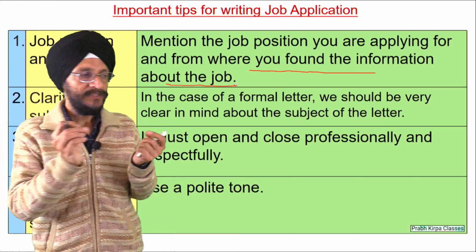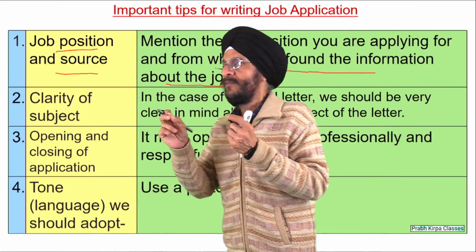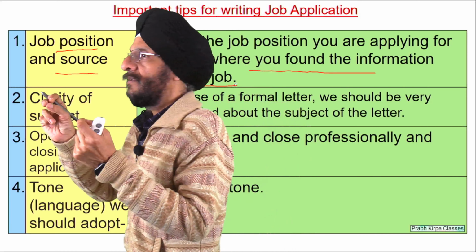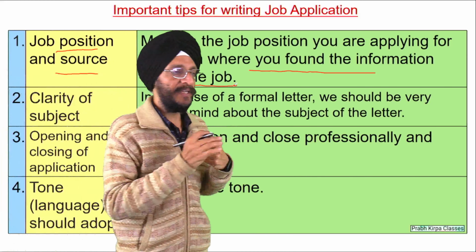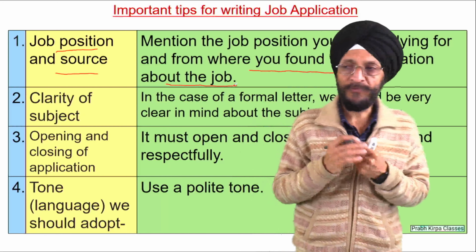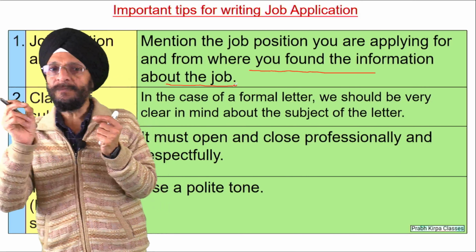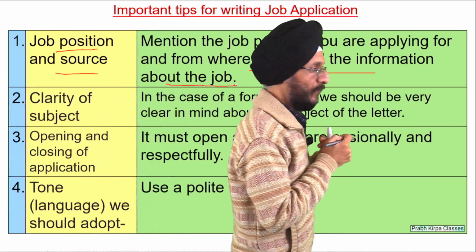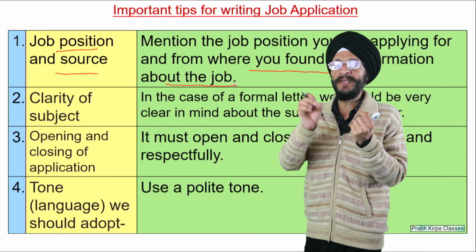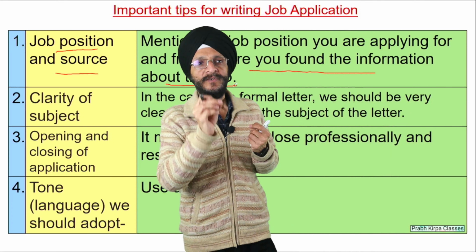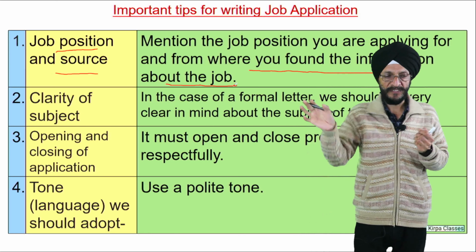For example, the job ad may say that it invites applications for the post of accounts assistant, marketing assistant, sales manager, general manager. So when you are applying for the job, you should specifically mention the name of the post for which you are applying. For example, in the subject, you may write application for the post of, for the job of, sales manager.